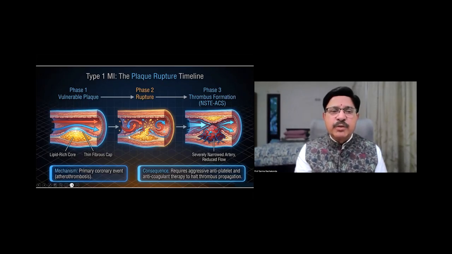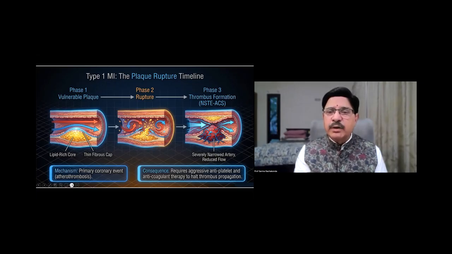Then what happens? One day, the thin fibrous cap ruptures and exposes the LDL and other oxidative, thrombogenic contents to the blood, and an acute environment for platelet adhesion, aggregation, and activation arises. That is called the phase of rupture. Finally, those things form a thrombus.